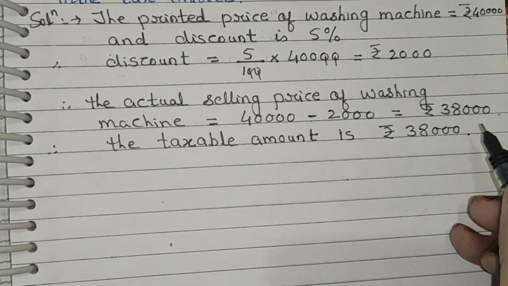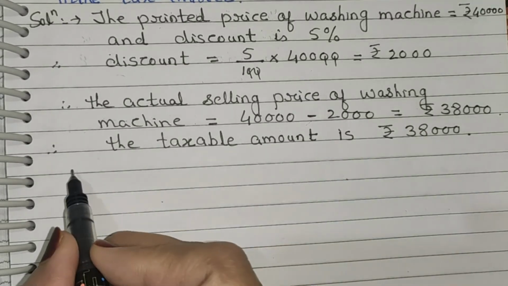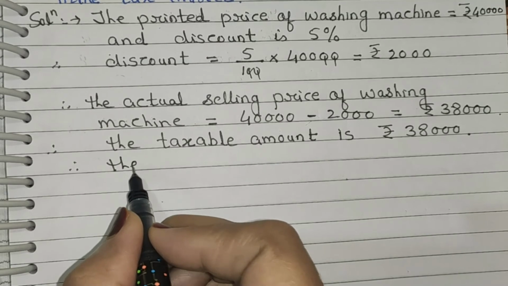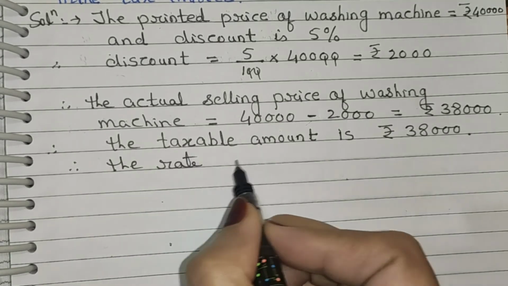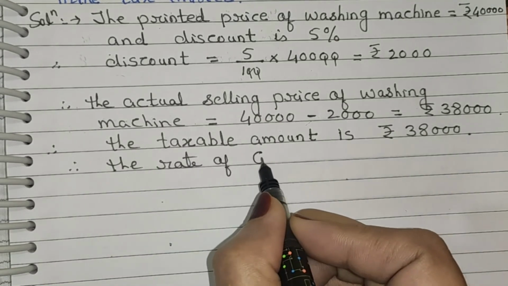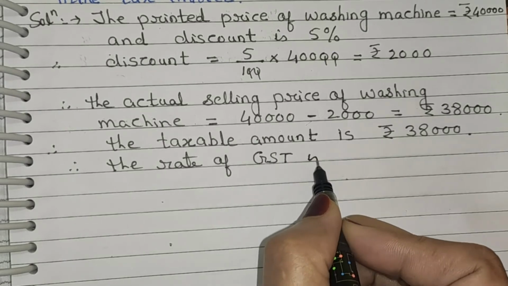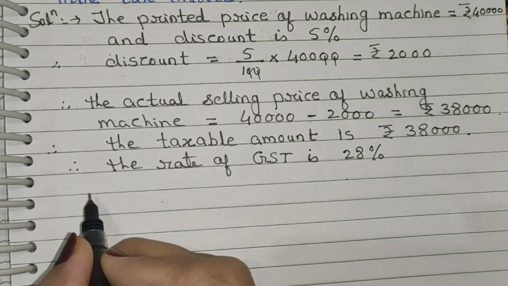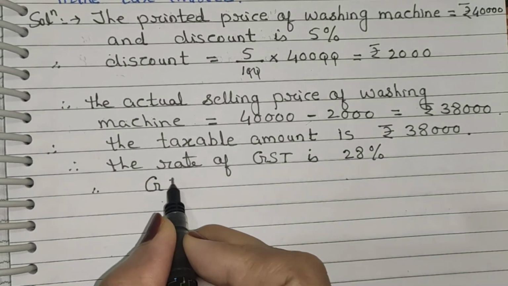Now the rate of GST is given. Therefore, write down here the rate of GST is 28%. Therefore, find out the value of GST.